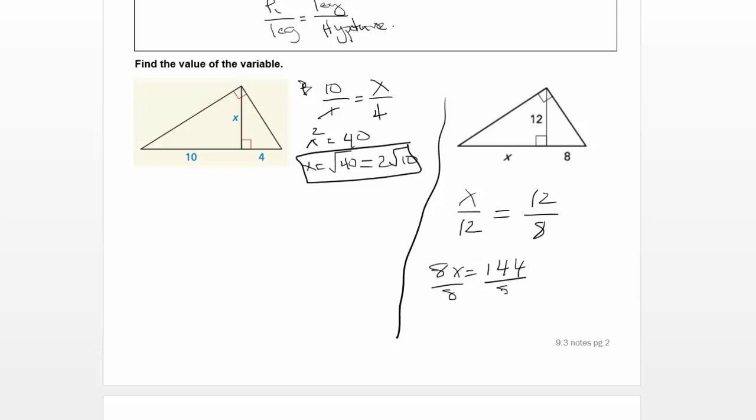Divide by 8, and I get x is equal to 18. So again, I solved each of these without having to go to the trouble of drawing out the triangles in a more elongated process, because I knew the shortcut theorem.